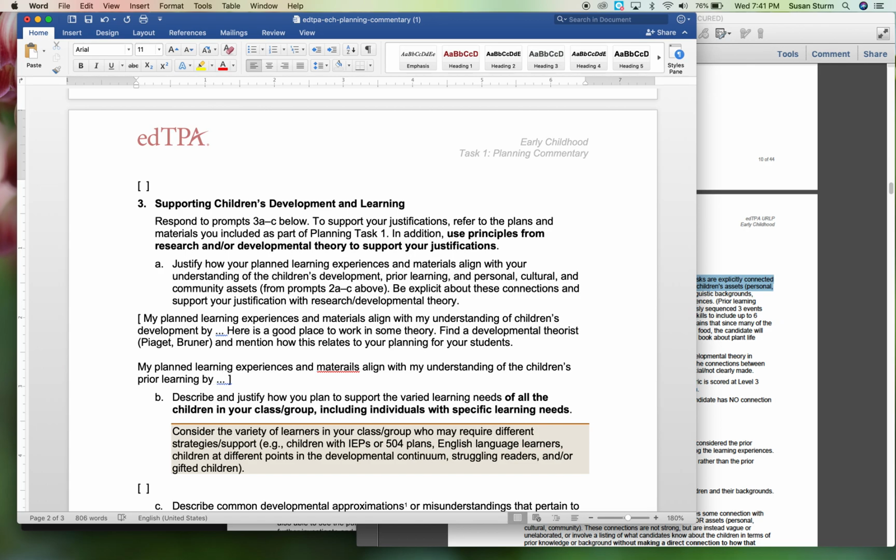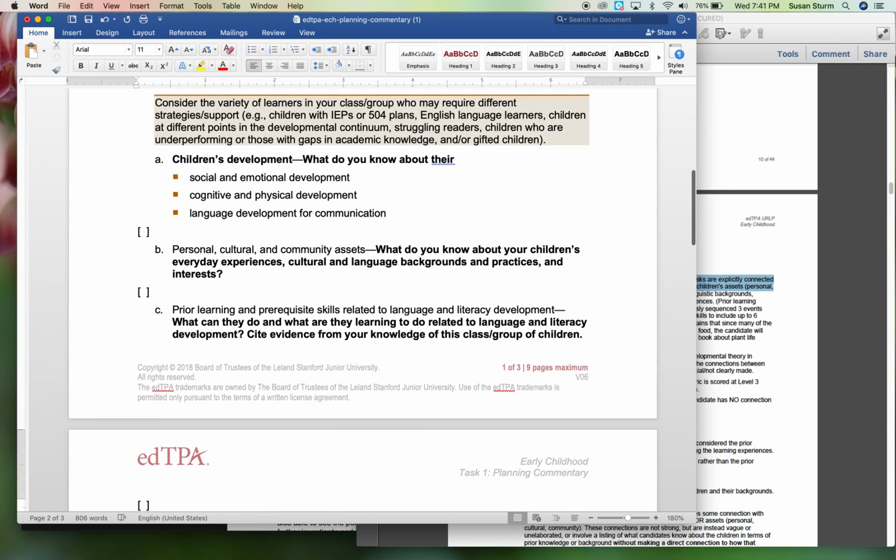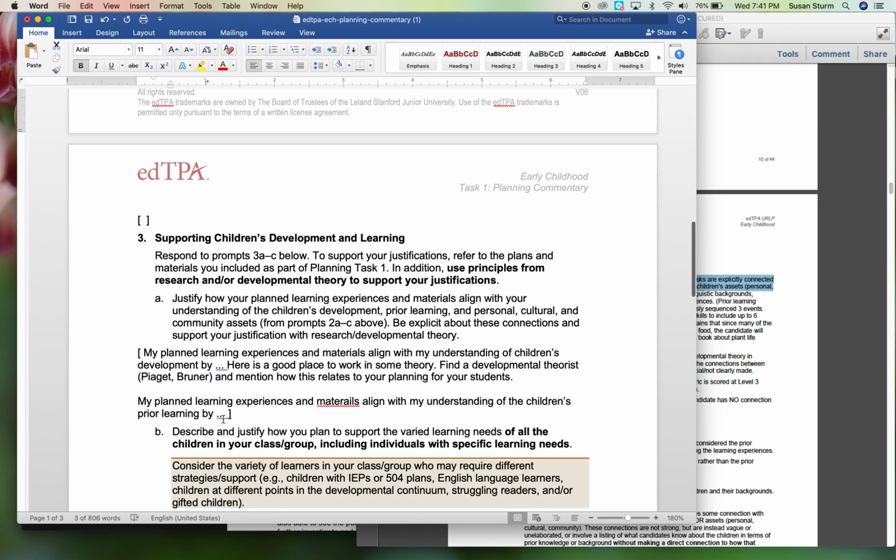So up here you talked about what their prior learning is, right here in part C. You know what they can do, you know what they're learning to do. So now you're going to make that explicit connection to why you planned your lessons the way that you did. So you know that they're able to do X, Y, and Z thing in their writing, and now you're going to connect because that's where you're going to pick up with your lesson.